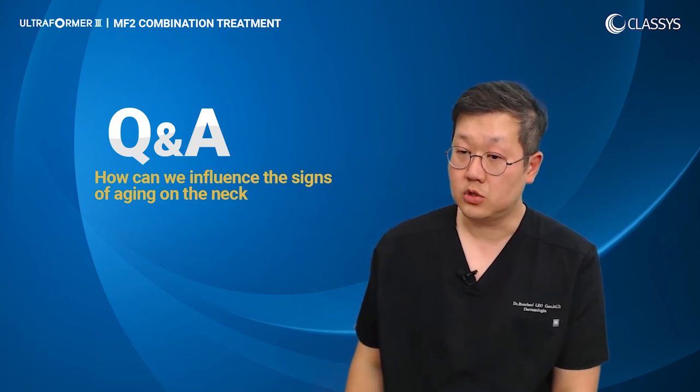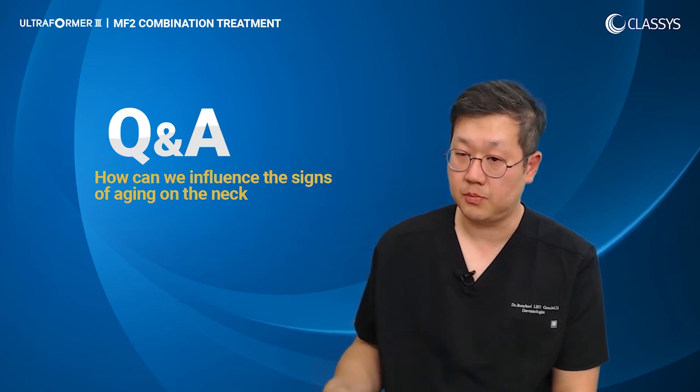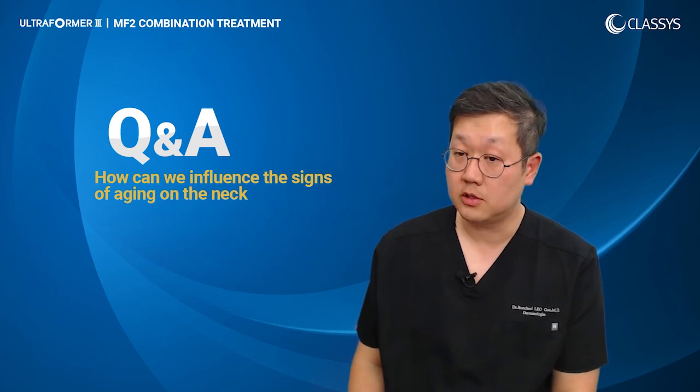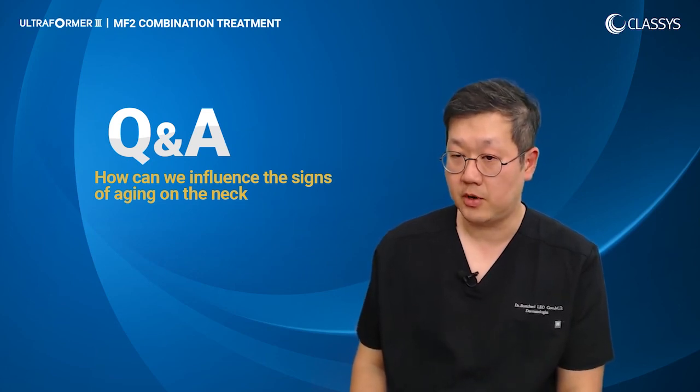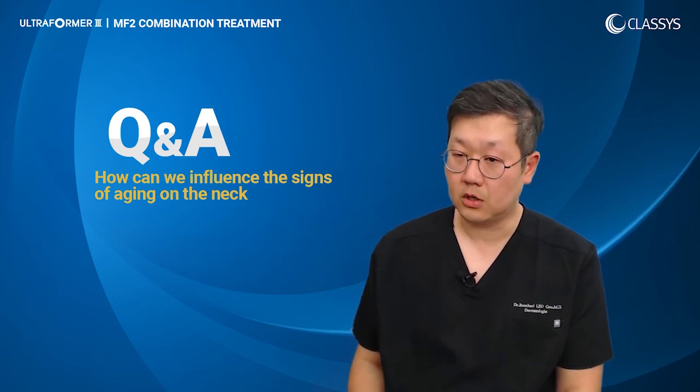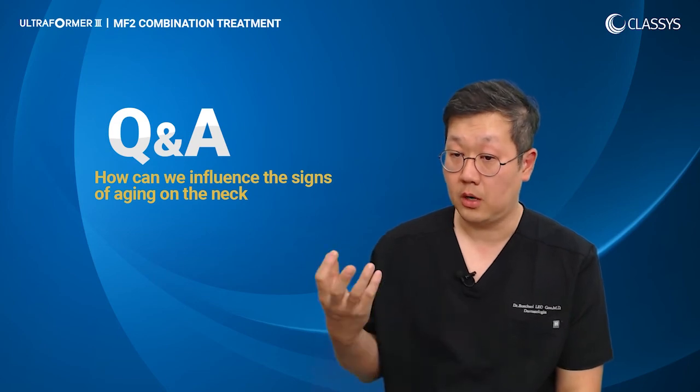It is not always satisfactory as a single treatment modality. So usually we use a lot of things; sometimes we use PDO threads, sometimes other injectables like PDLLA or other collagen boosters. But hyaluronic acid is very intuitive, very good to use and very controllable in our hands.